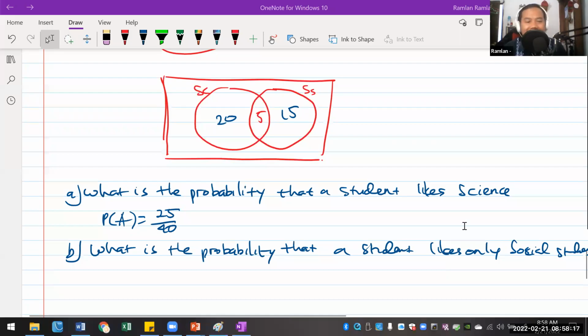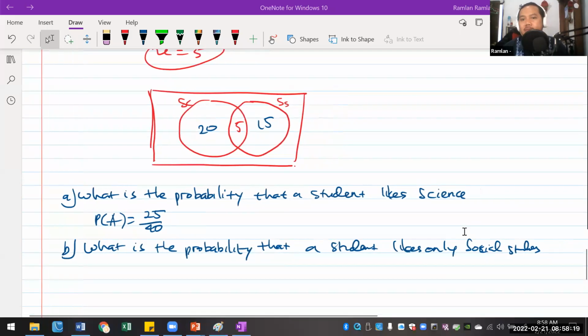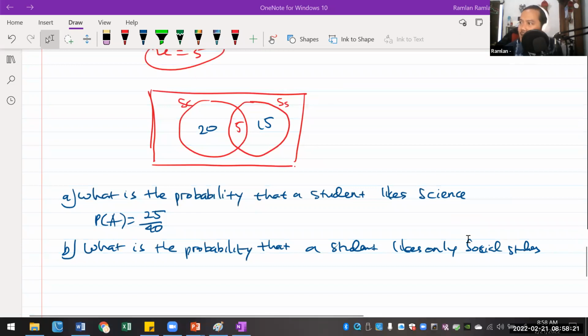Okay. So how about this one, guys? What is the probability that a student likes only social studies? Riko, do you want to try? The numbers are already there. In the Venn diagram.